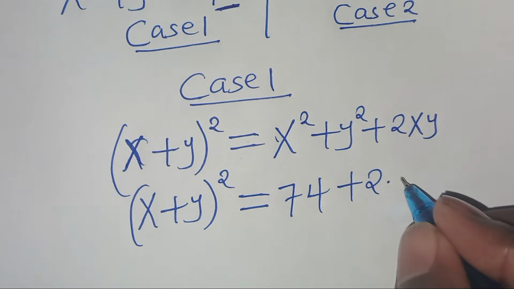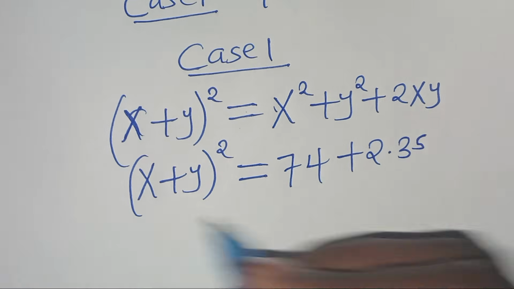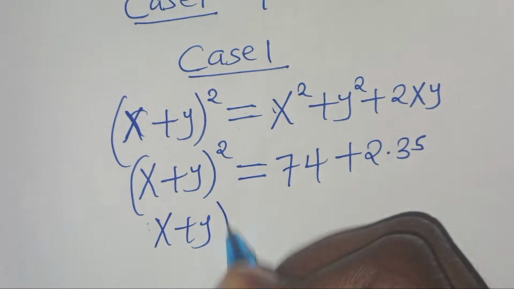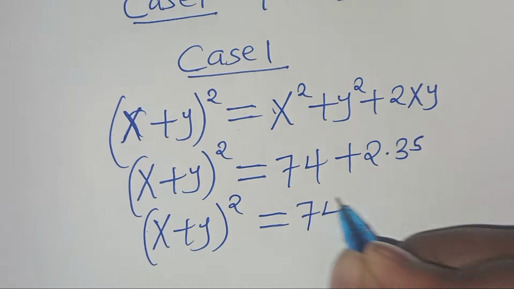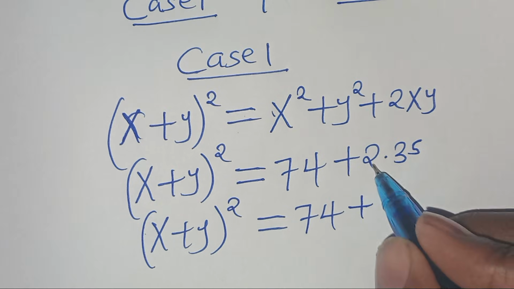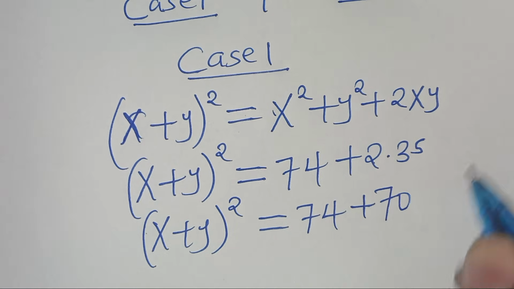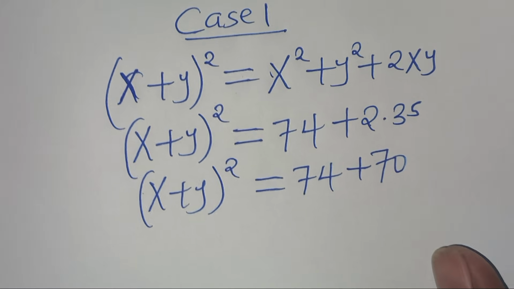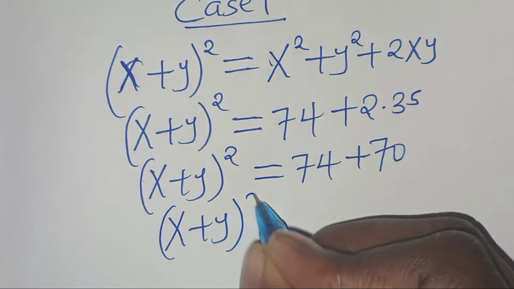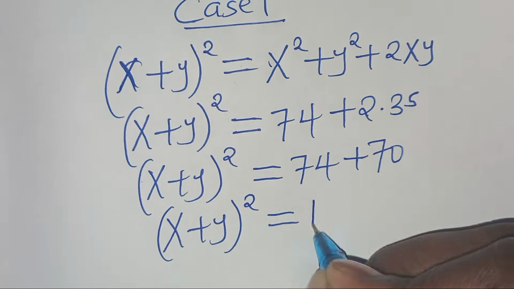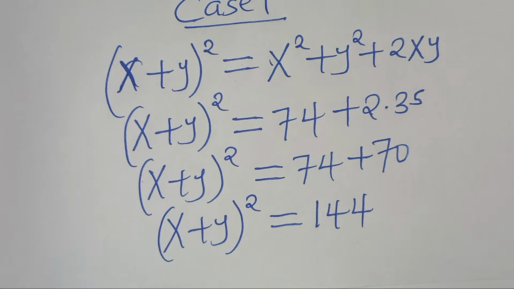So let's multiply by 35, so that x plus y raised to the power of 2 is equal to 74 plus 2 times 35, this is 70. And this implies that x plus y raised to the power of 2 is equal to 144.